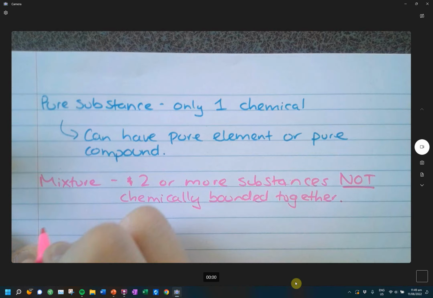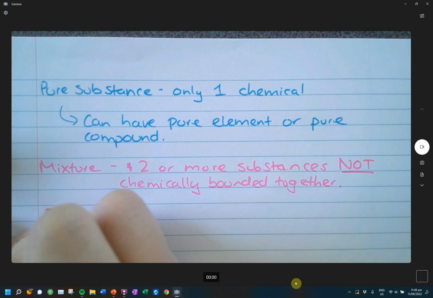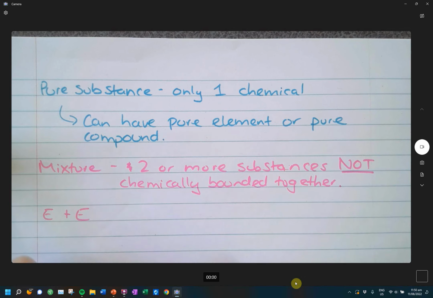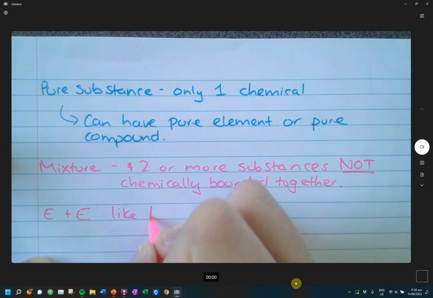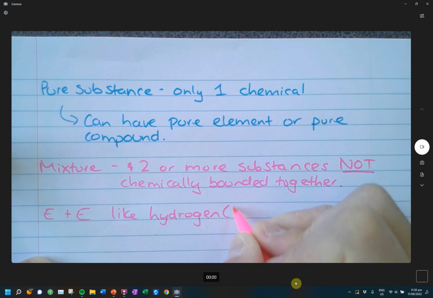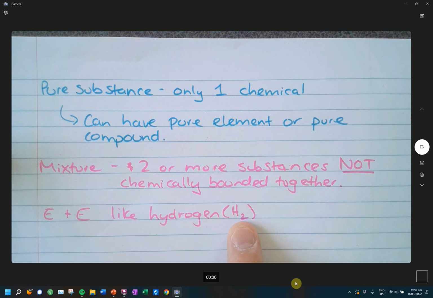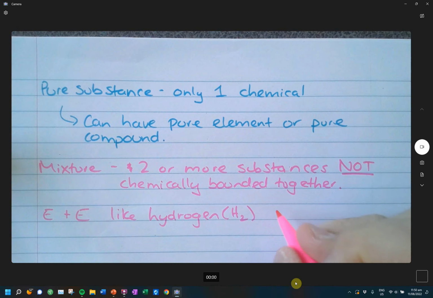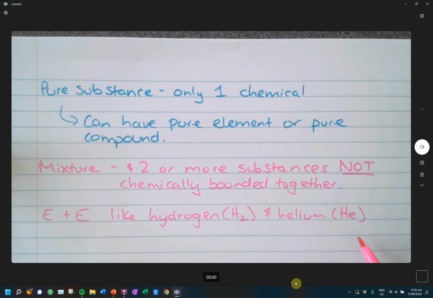I could have a mixture of elements, E and E. For example, hydrogen, H2, because remember that H2 is an element, and helium, He. Those little letters tell us something different. H versus He is the difference between hydrogen and helium.